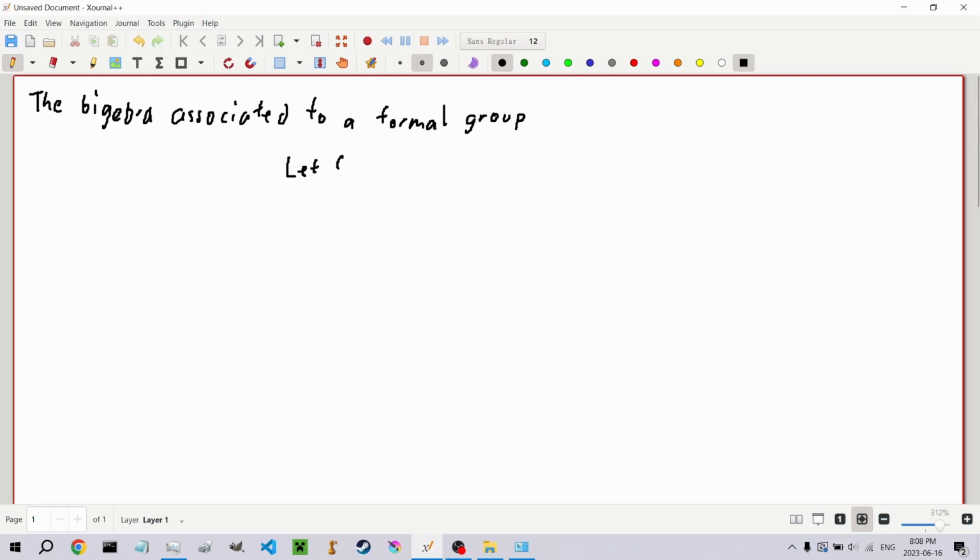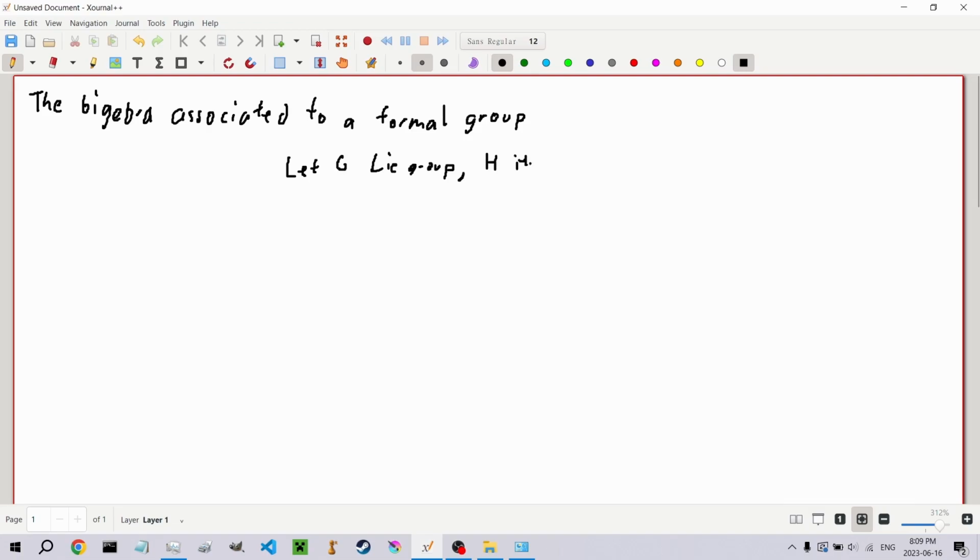I'm going to let G be a Lie group. This is the convergence case, in analogy to the formal case. So G is a Lie group.